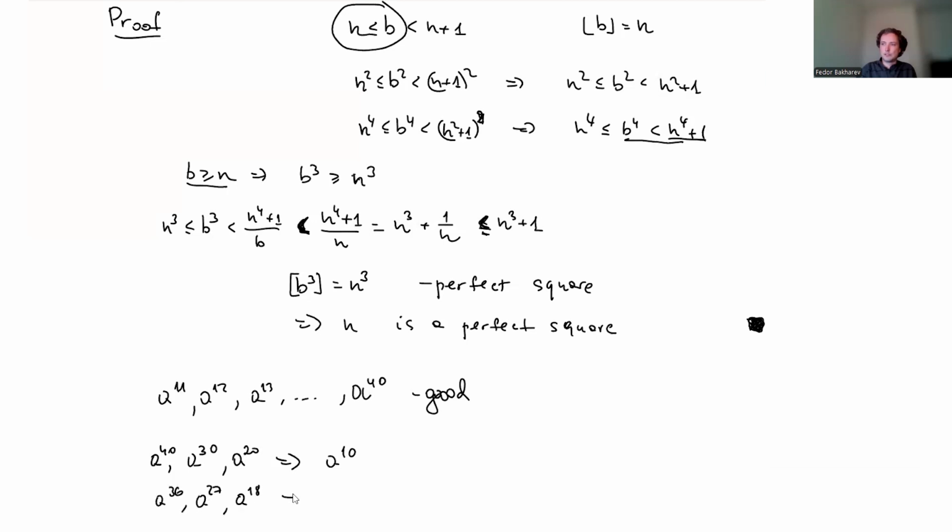They are good, thus 8 to the power 9 is good. And so on. We could go down from 8 to the power 10 to the rest and get that a is good. At each step, the second, third, and fourth powers of the next power we're considering are all in the list of good numbers. And thus we could go down step by step and get the answer.